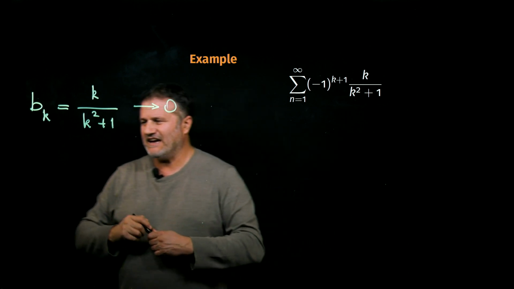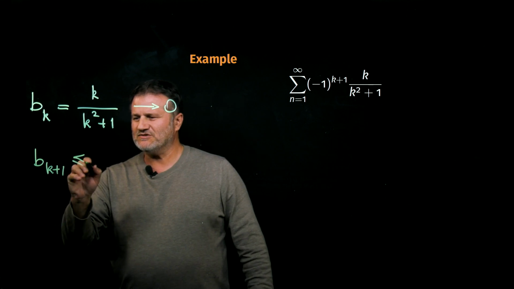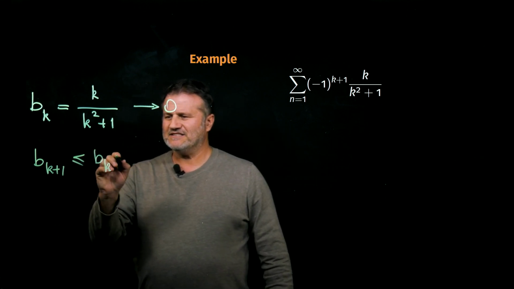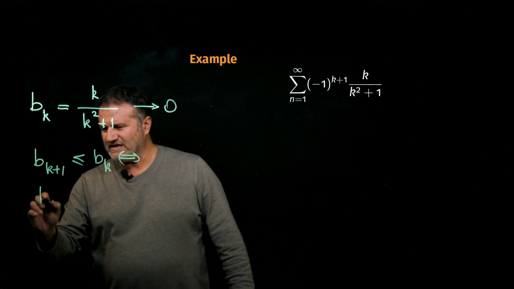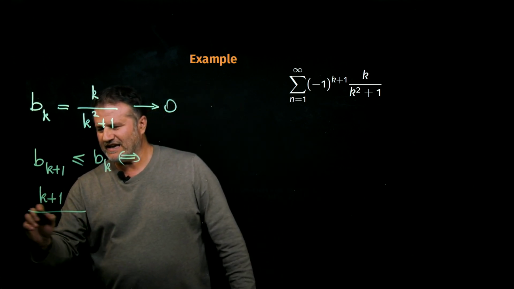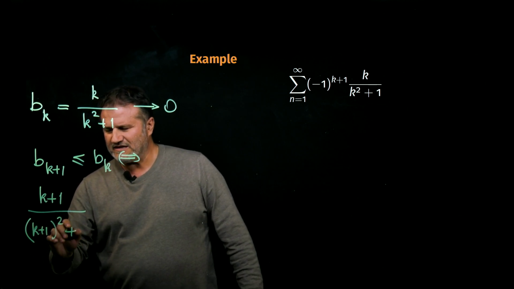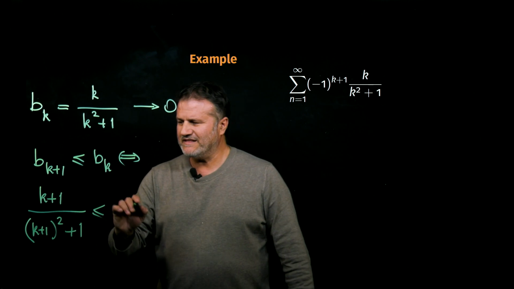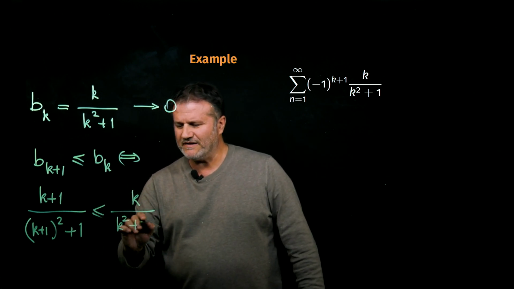The first one is a direct method, so we see when bk+1 is less or equal than bk, and this means that we have an inequality. So bk+1 is (k+1) divided by (k+1) squared plus 1. This must be less or equal than bk, which is k divided by k squared plus 1.